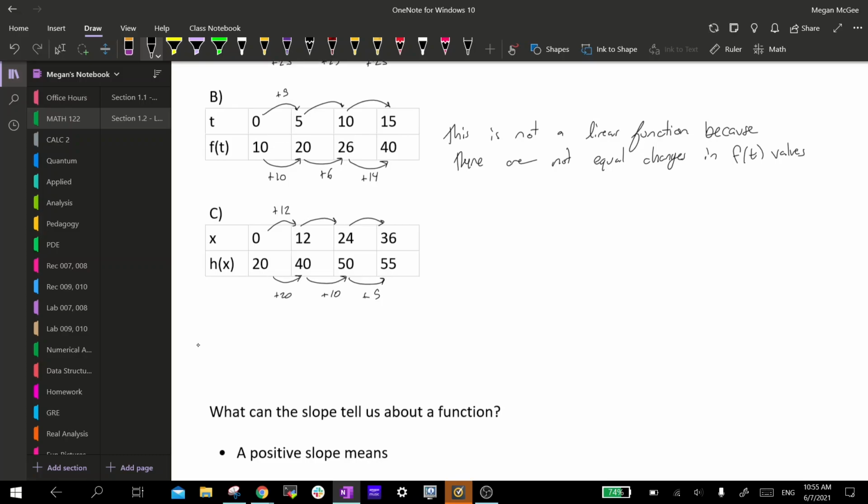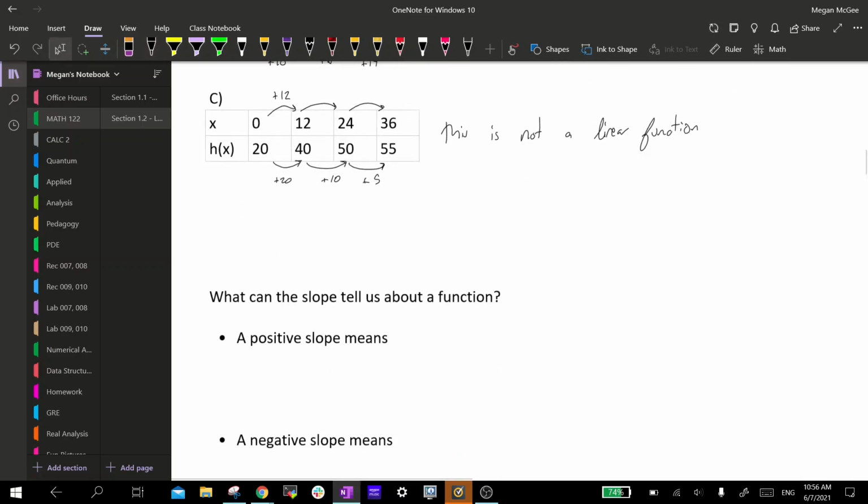So same problem as part B. This is also not a linear function. Alright, for the same reasons, we don't have equal changes in the h of x values.